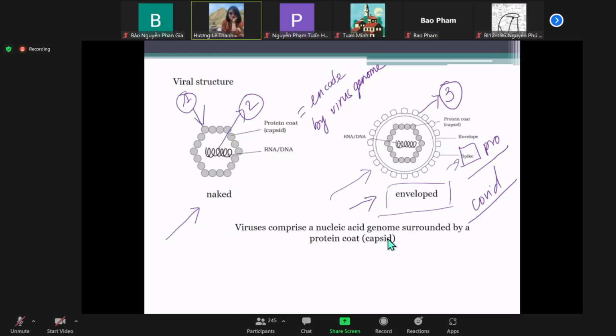This envelope comes from previous host cells. The envelope is more susceptible than the capsid to environmental pressure, and the virus needs to remain moist in order to survive.